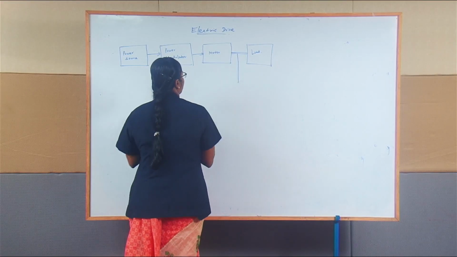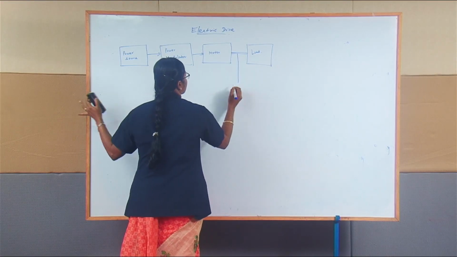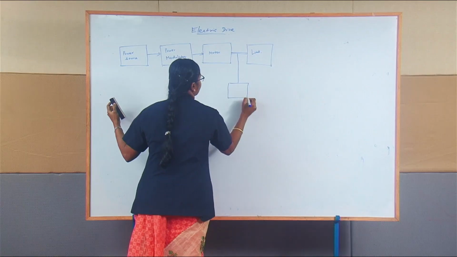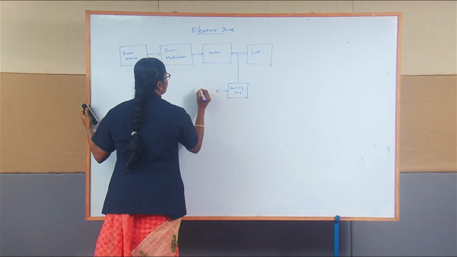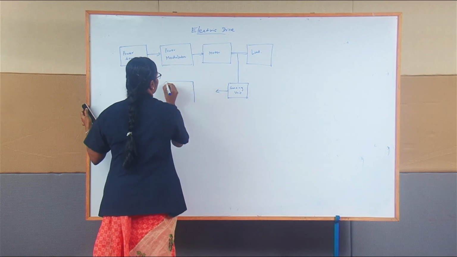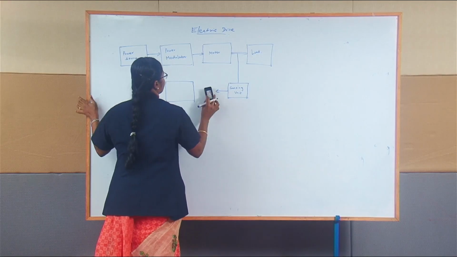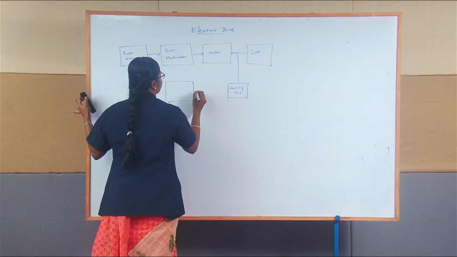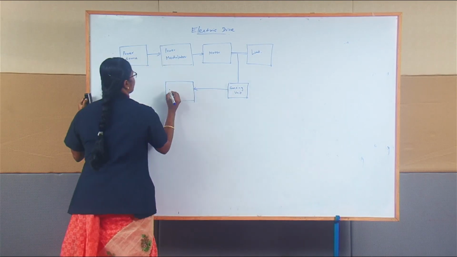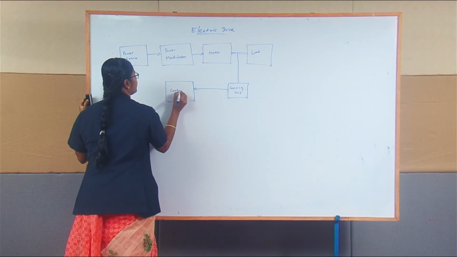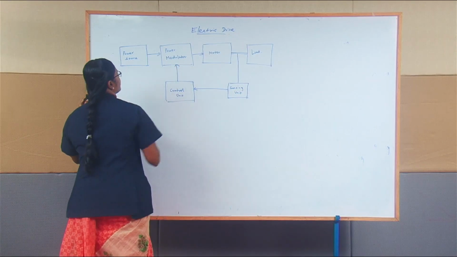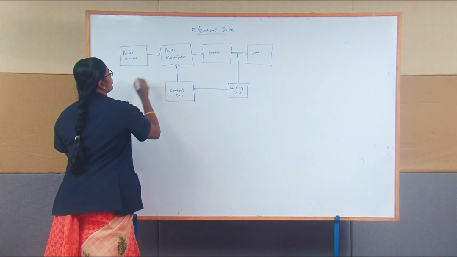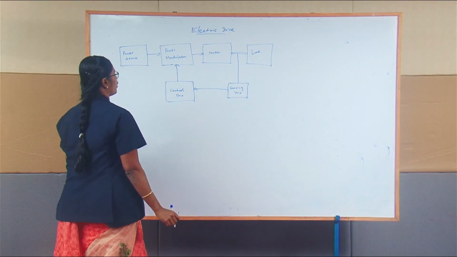From this motor, we get some inputs by using a sensing unit, which in turn feeds the control unit, which in turn varies the parameters in the power modulator block.